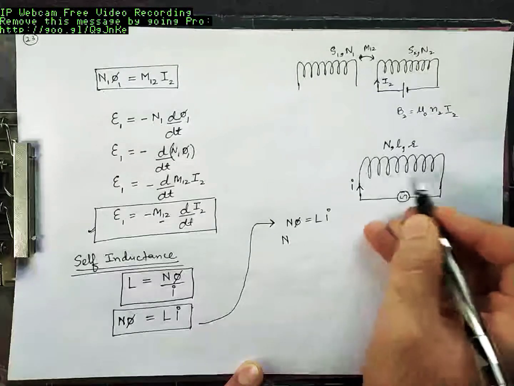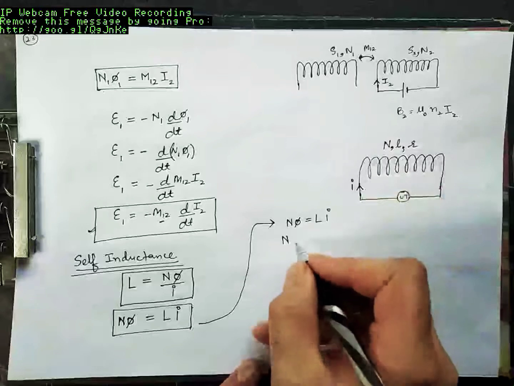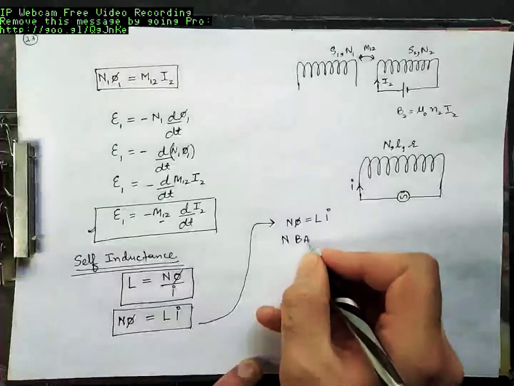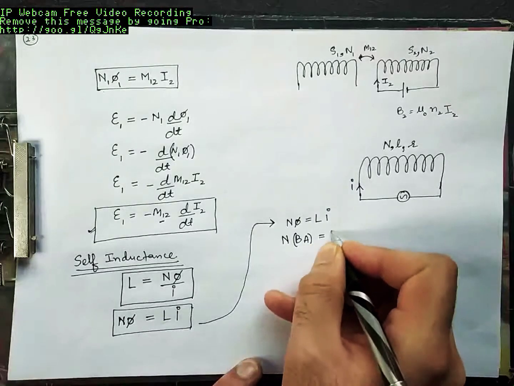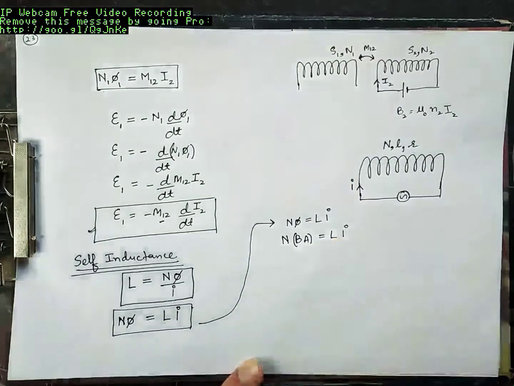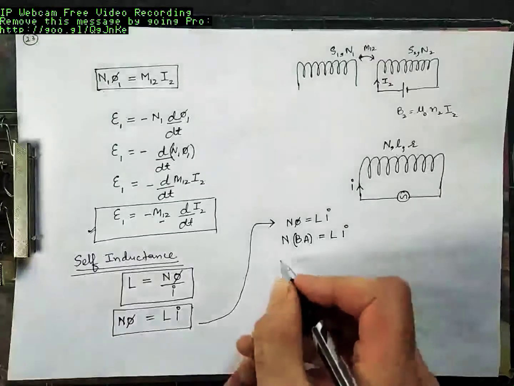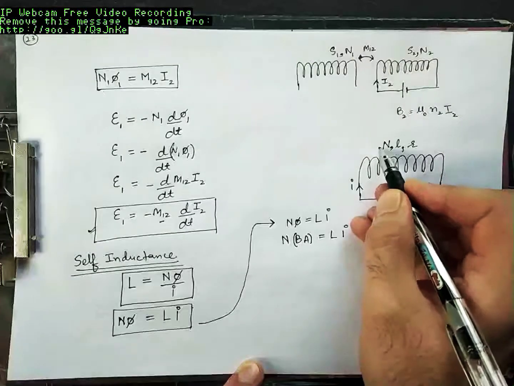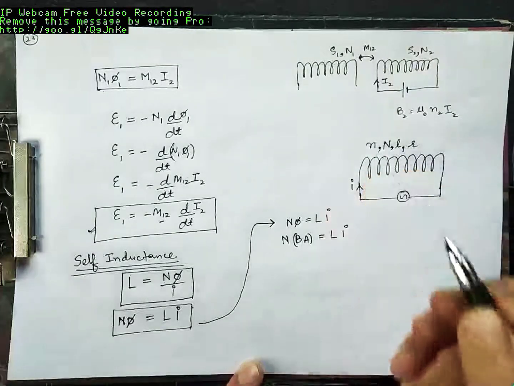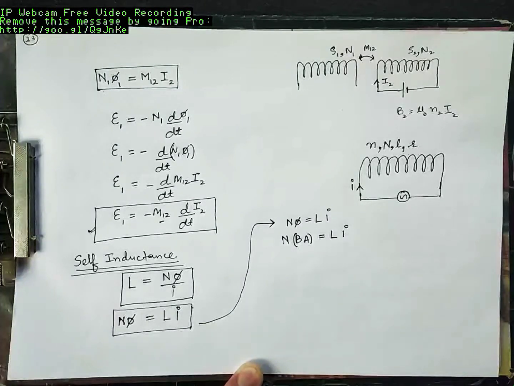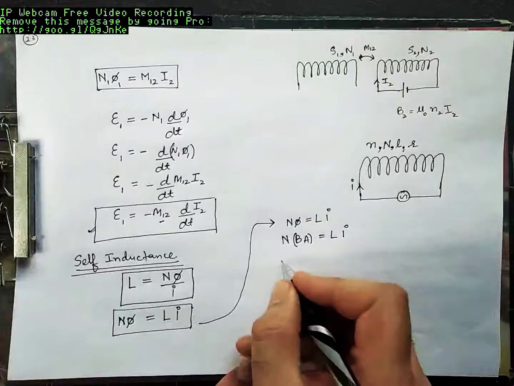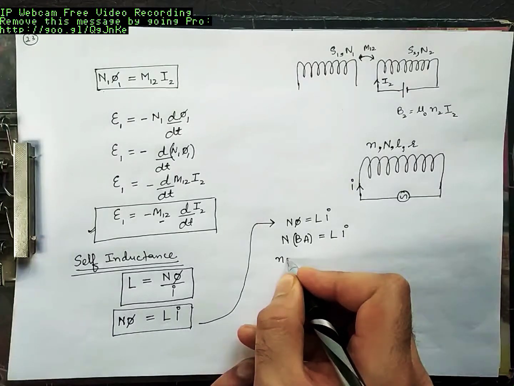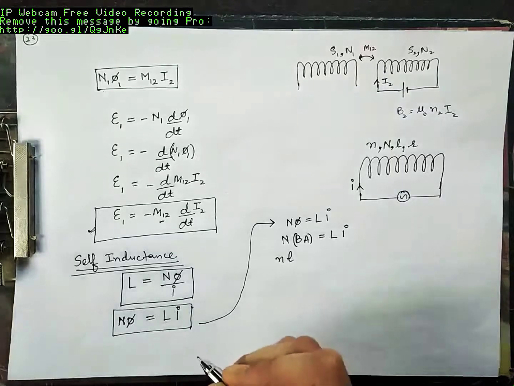I know what the flux passing through this is: magnetic field B times area A is equivalent to L times I. Suppose l is the length, N is the total number of turns, and small n is the number of turns per unit length. I can write the total number of turns as the number of turns per unit length times length l.